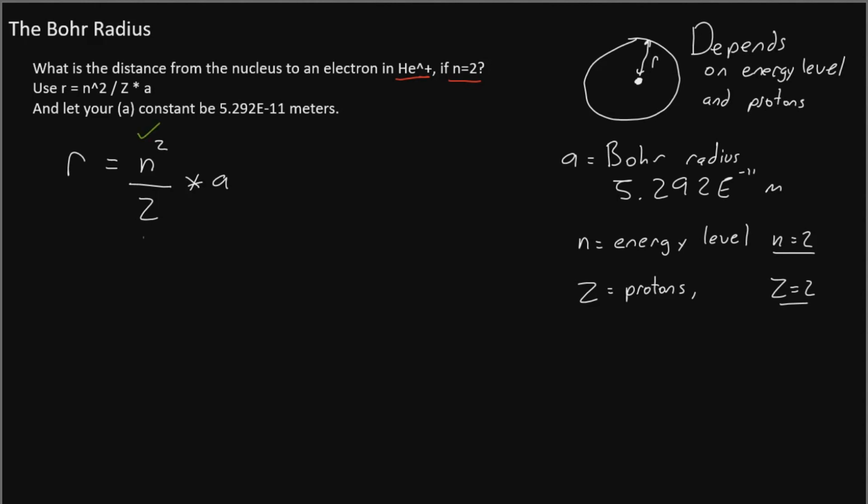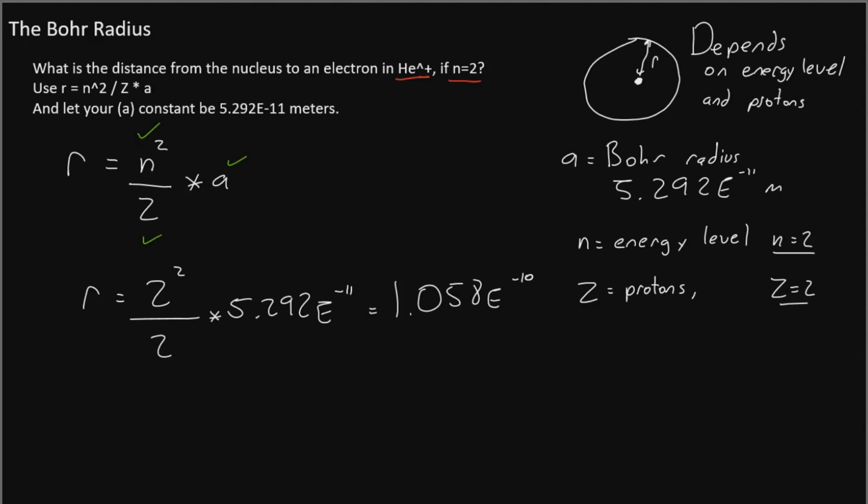We know N, we know Z, and we know A. We'll say R is 2 squared for N, divided by Z, which is also 2, multiplied by A, which is 5.292, times 10 to the negative 11th power. For our answer, we'll have 1.058 times 10 to the negative 10, and our answer will be in meters.